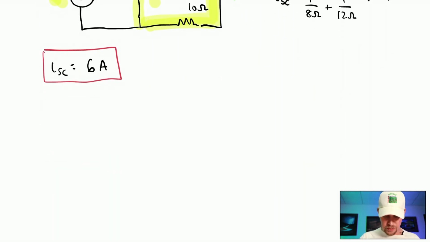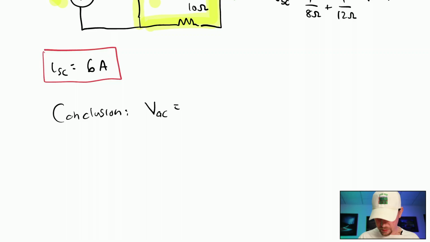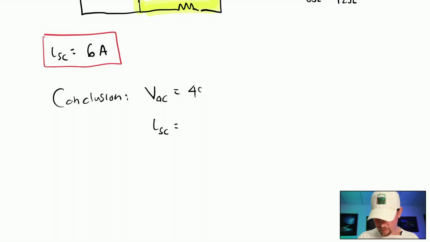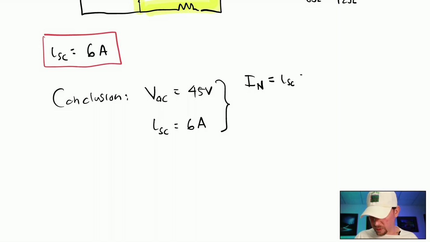But our conclusion, really, so far, is that the open circuit voltage we found to be 45 volts. Our short circuit current turned out to be 6 amps, which means that the Norton current, which is equal to the short circuit current, should be 6 amps.